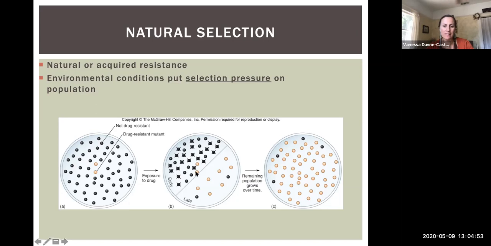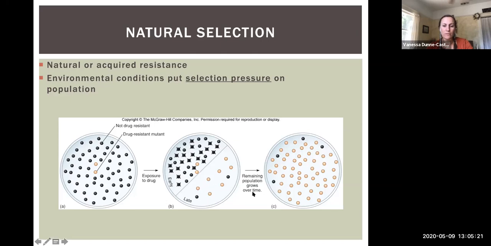So these resistant organisms will not be destroyed and will continue to propagate, right? So late term, you might have a few organisms that are less sensitive due to other factors, so they may have resisted that drug or were not impacted by that drug right away. And then you have those actual ones that are resistant to the drugs that are able now to propagate a little bit more.